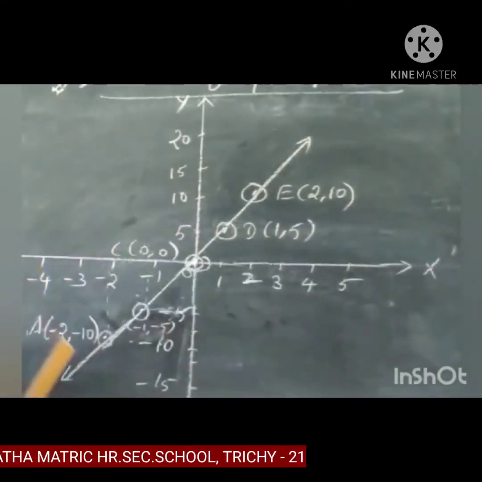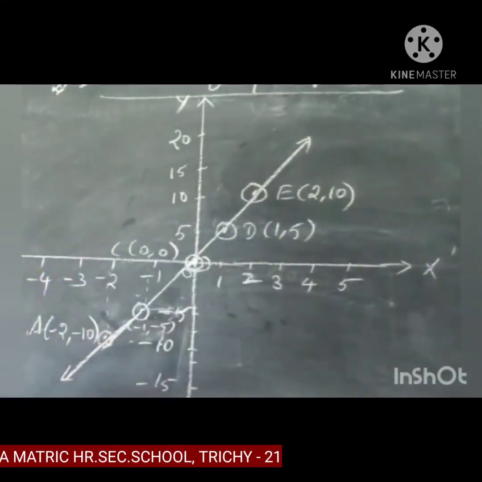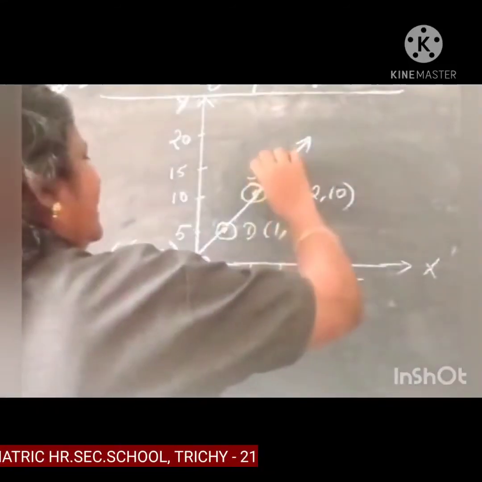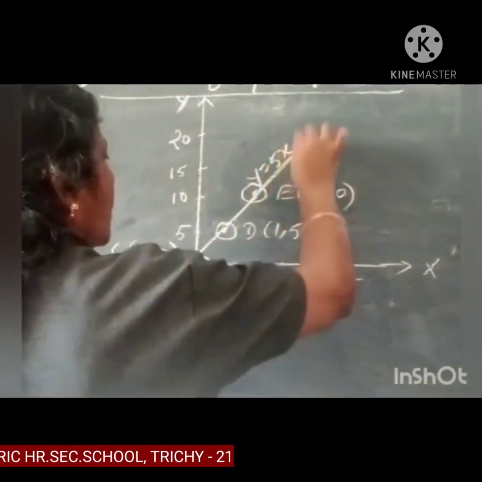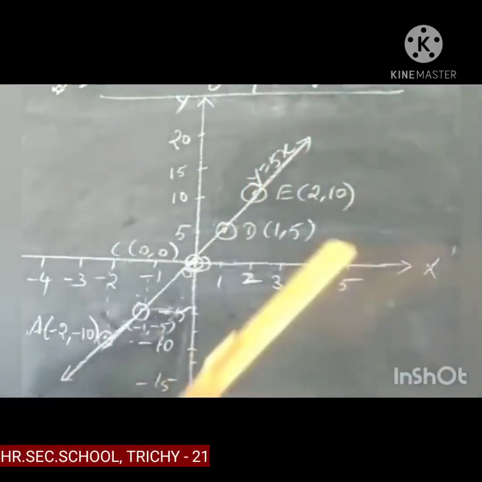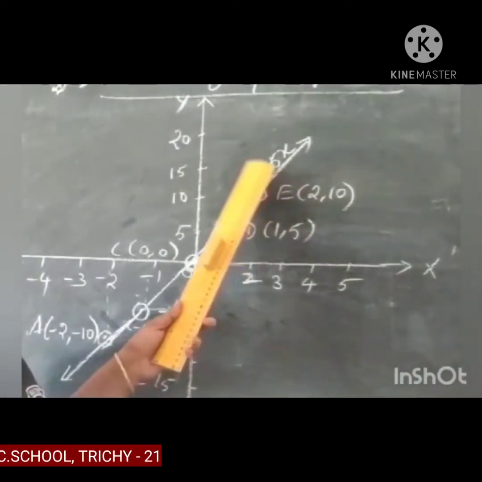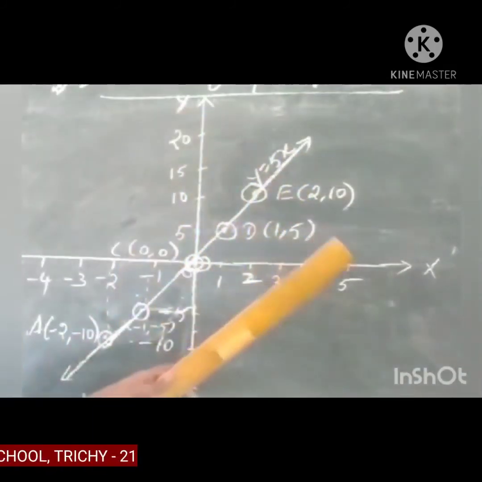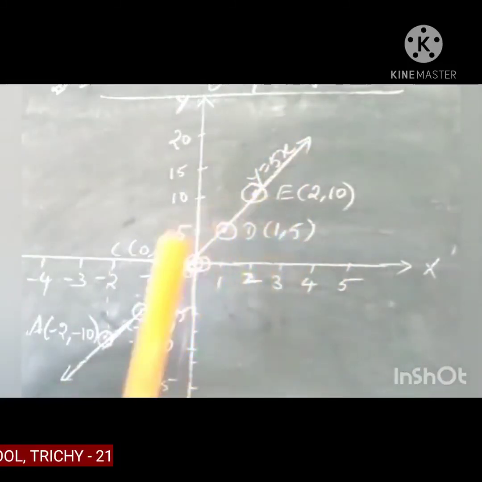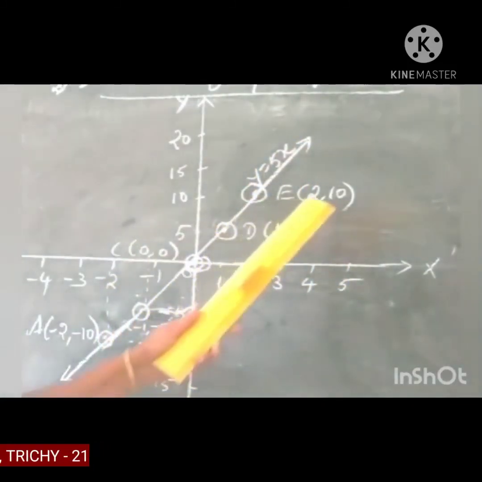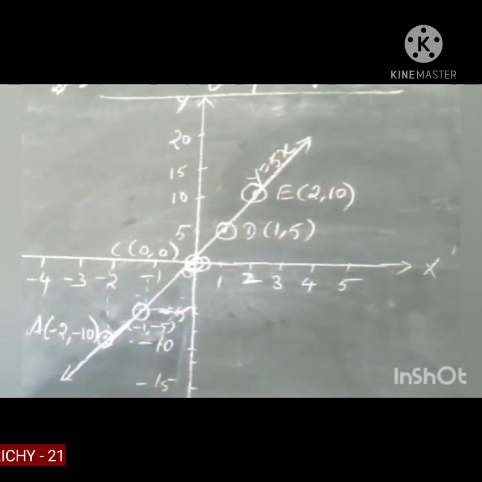This is the answer for that, y equal to 5x. Whatever the given equation is, you have to write that equation on that line. This is the solution. So after joining the points, you have to write the equation on that straight line. Okay, is it clear?